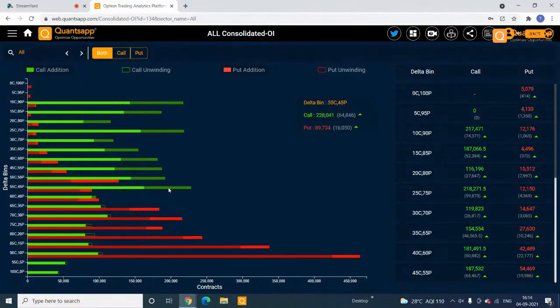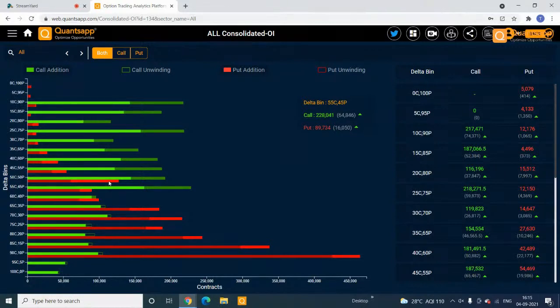The max put is at the 10 put delta, and the addition we saw in Friday's session was majorly in the 25 put and the 35 put. Not to forget, we also saw addition around the 45 put delta.